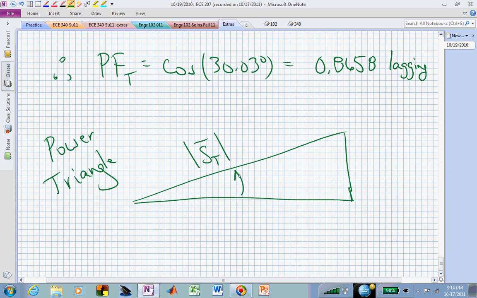We have an angle of 30.03 degrees. This real part, or the total average power, is this 128,605, and the reactive piece is 74,368 VARs.